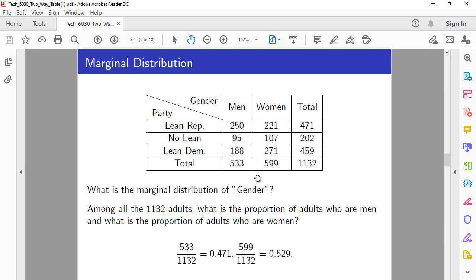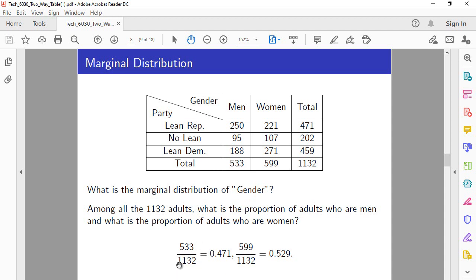The variable gender has two values, men and women. To answer that, we look at the total count of men, which is 533.